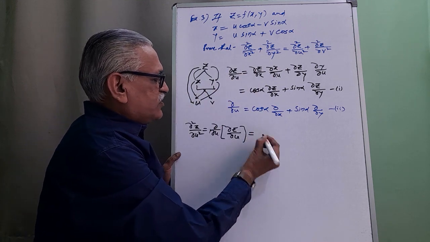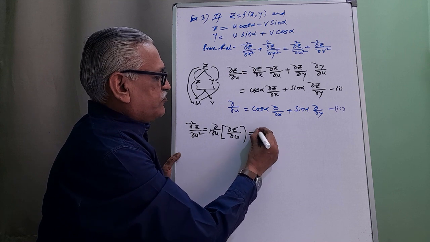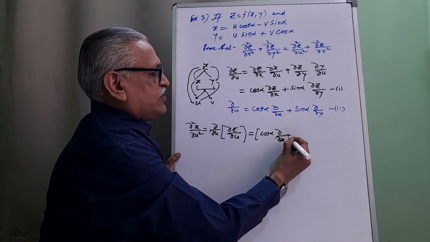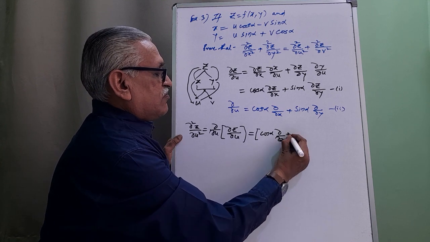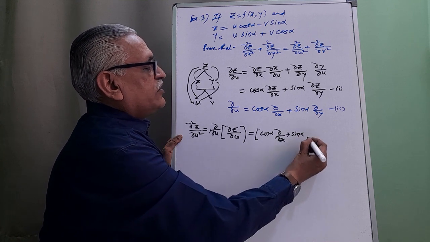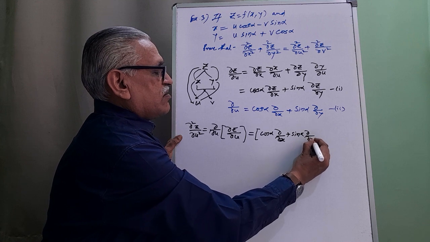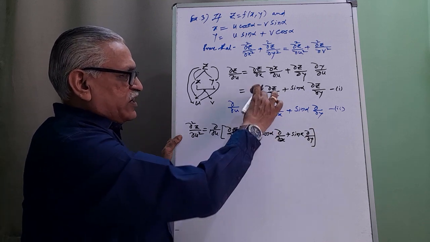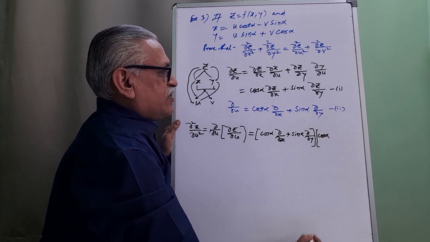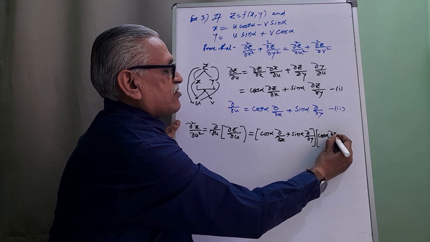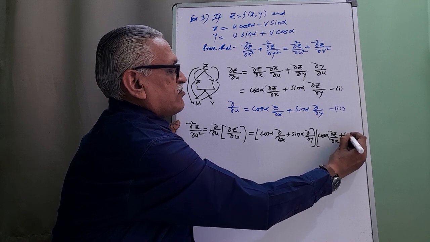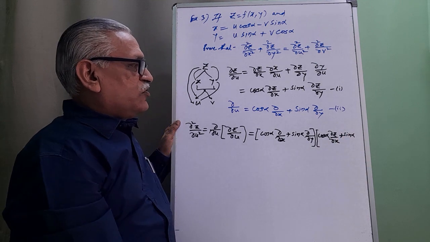And therefore, substituting the values, dou by dou u is cos alpha dou by dou x plus sin alpha into dou by dou y, operated on this term, cos alpha dou z by dou x plus sin alpha into dou z by dou y.